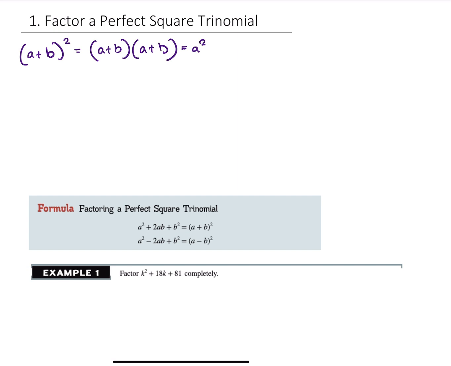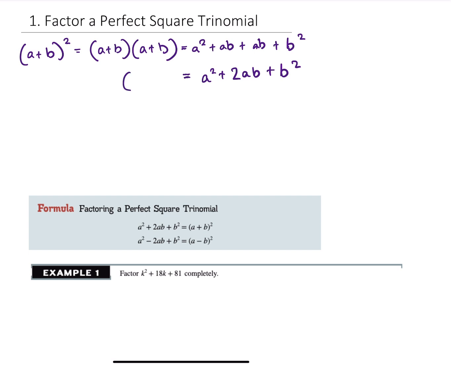Second, the outer would be a times b, so plus a times b. The inner two would give us another a times b, and then the last would be b times b, or b squared. So combining these two middle like terms, we get a squared plus 2 times a times b plus b squared.